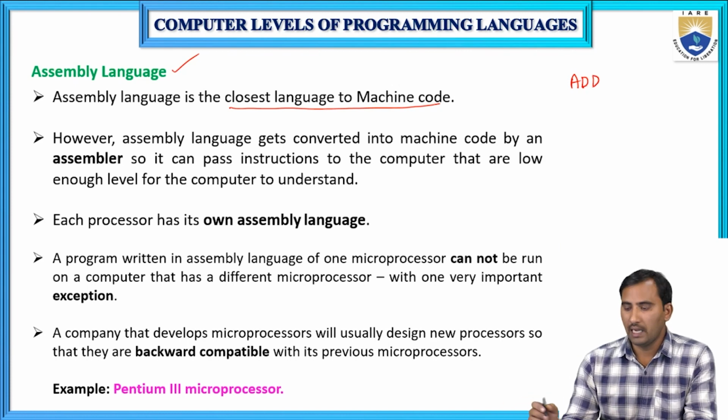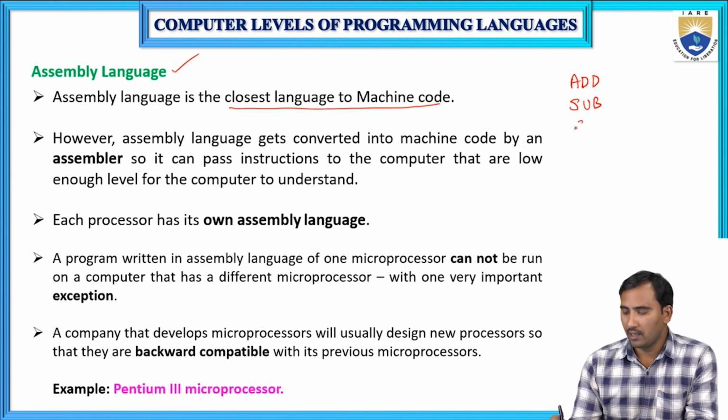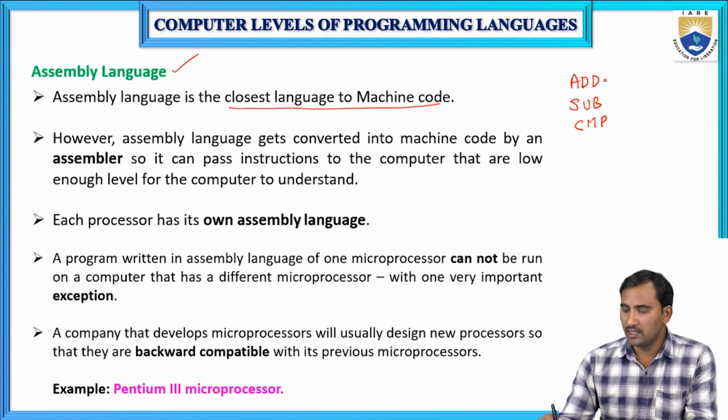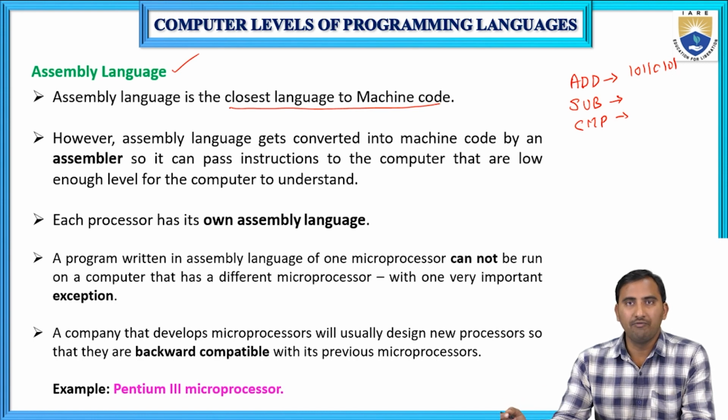For subtraction, we use SUB. If you want to compare, we can use CMP. Like that, for every operation we have a mnemonic, and using that mnemonic we perform that particular operation. These mnemonics have some format in binary. That's why assembly language is very close to machine language.